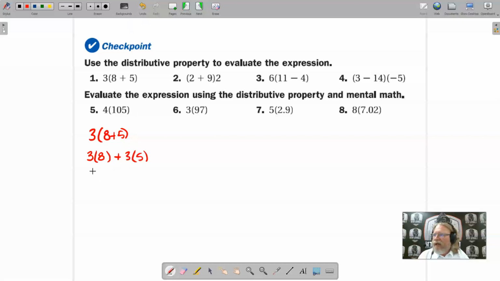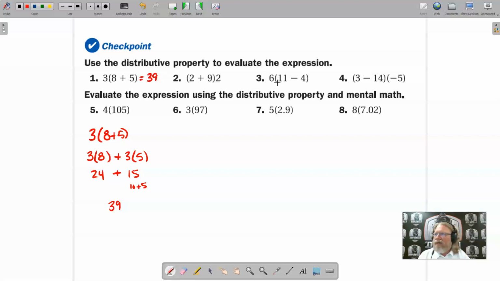Now 3 times 8 is 24, and 3 times 5 is 15, and 24 plus 15, think of this as 10 plus 5, right? So 24, 34, add 5 more is 39. So this one here would equal 39.